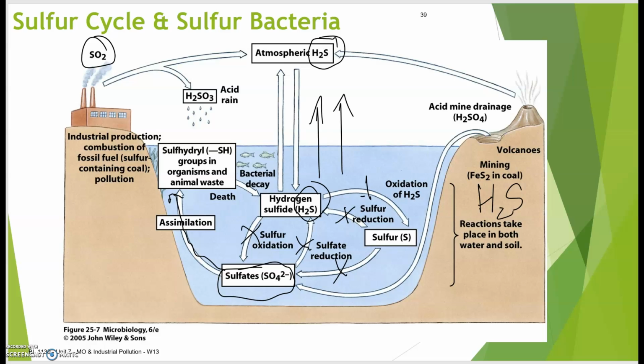So, like I said, I don't expect you to know all of these steps like you would on the nitrogen cycle, but it is good to know how the sulfur cycle functions, what species or what bacteria are involved, and how it fits in on a bigger picture.